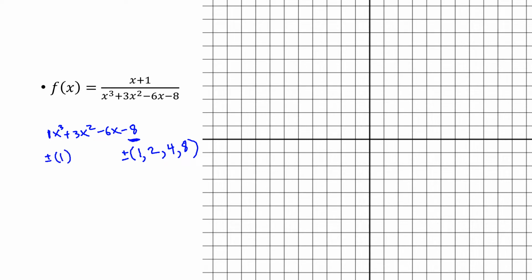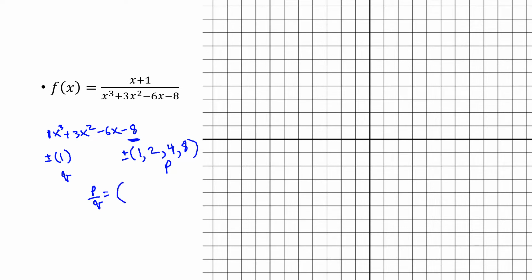So let's say we call this last set of numbers p and the first set q. Then the rational root theorem says that if we have rational roots, things that we can use in synthetic division, it would be p over q. That would represent all the possibilities of what we could have.